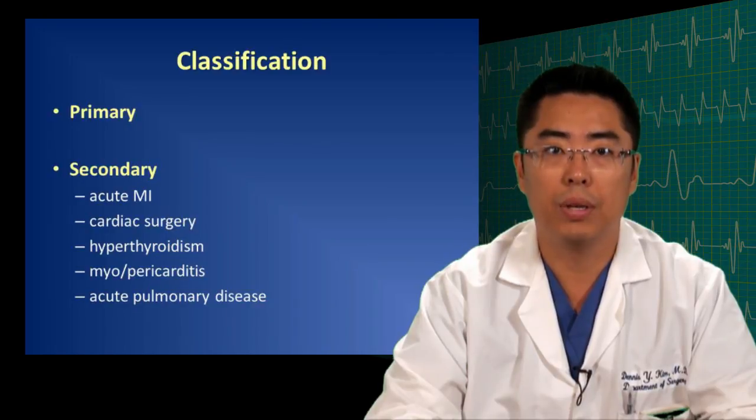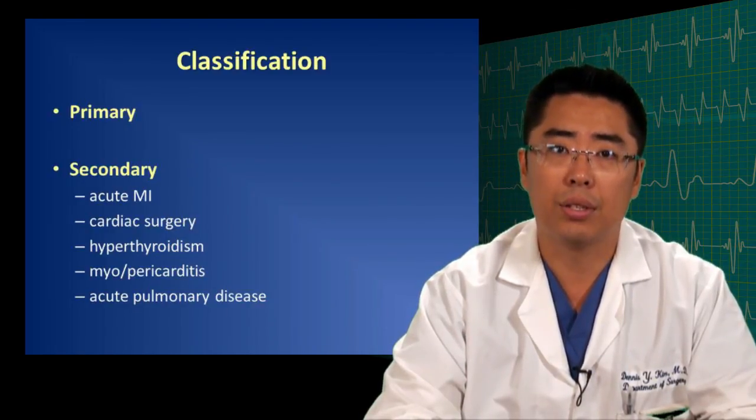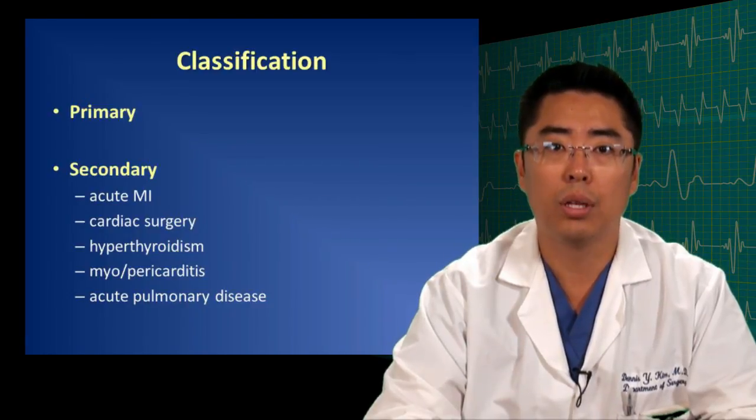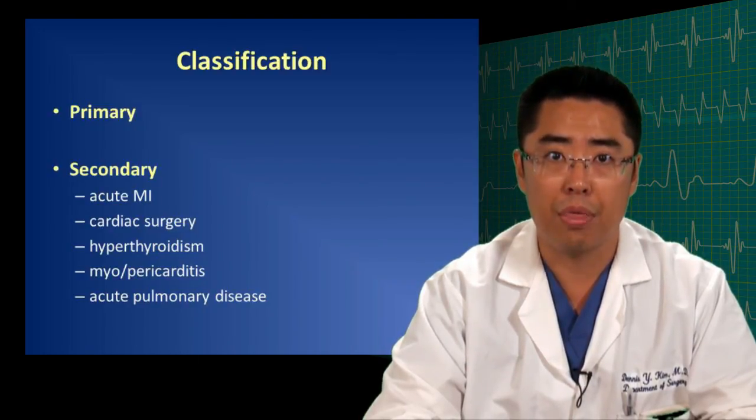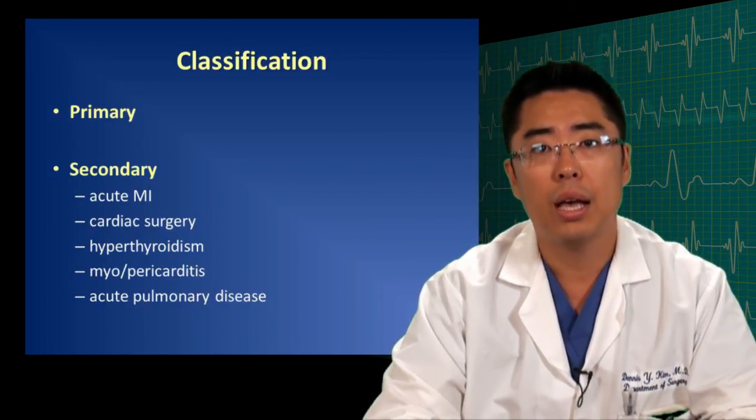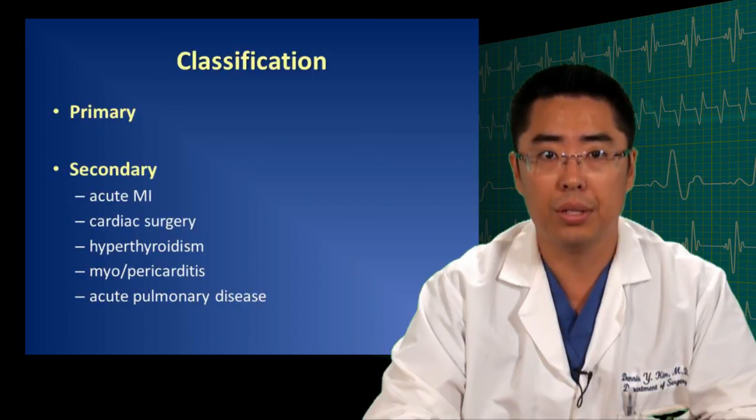Atrial fib can also be classified as primary or secondary. Secondary causes of atrial fibrillation include the setting of an acute myocardial infarction, postoperative status from cardiac surgery, as a result of hyperthyroidism or thyrotoxicosis, myopericarditis, as well as acute pulmonary disease.